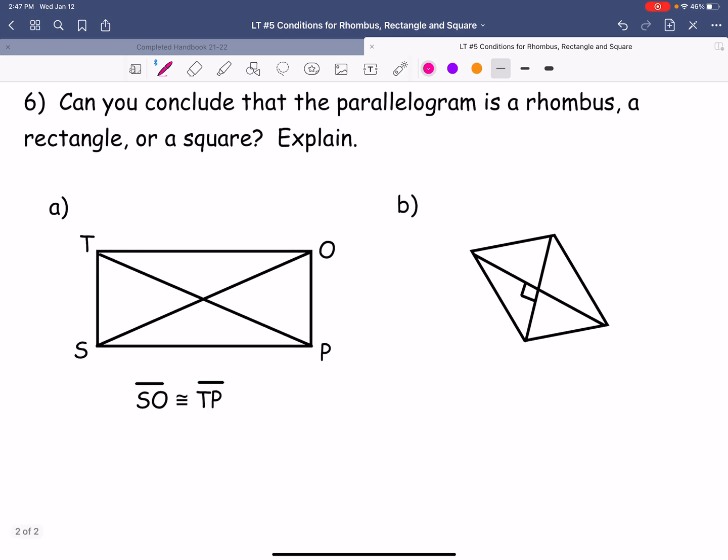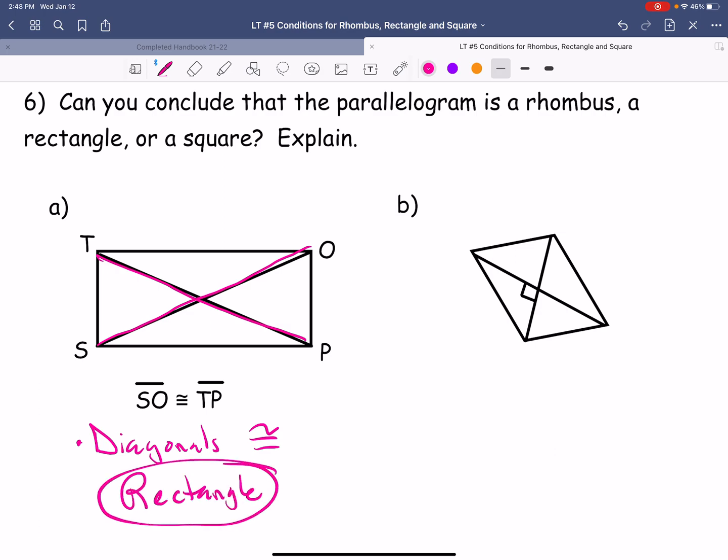Okay, can you conclude that it's a rhombus, rectangle, or square? So what we have here is that SO, that's a diagonal, is congruent to the other diagonal. Now, because we have diagonals congruent, that is a property of a rectangle. So this guy is a rectangle. Over here in B, what's being shown is that these diagonals are hitting at a 90-degree angle.